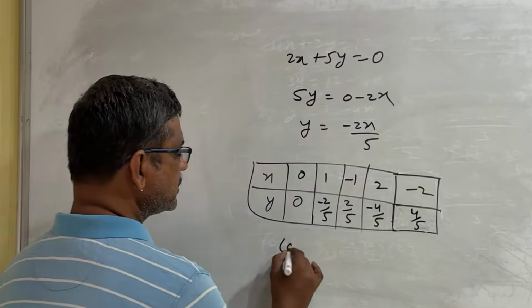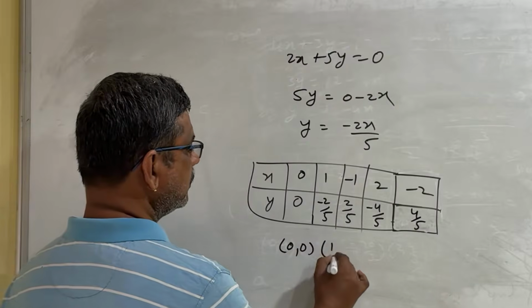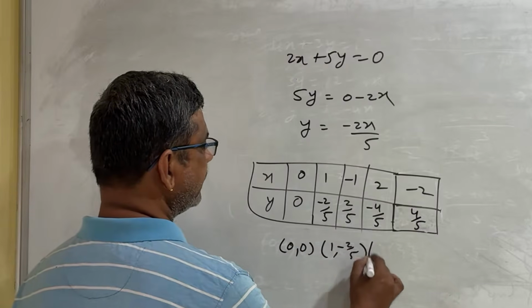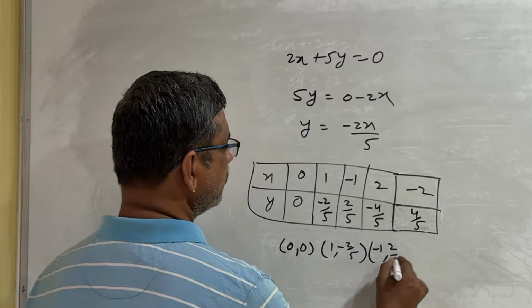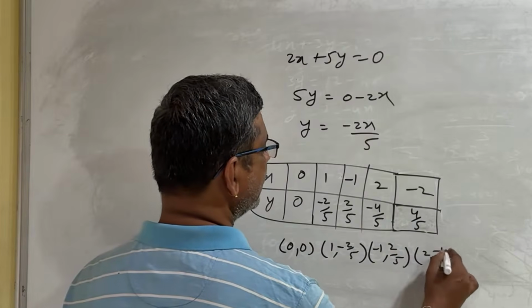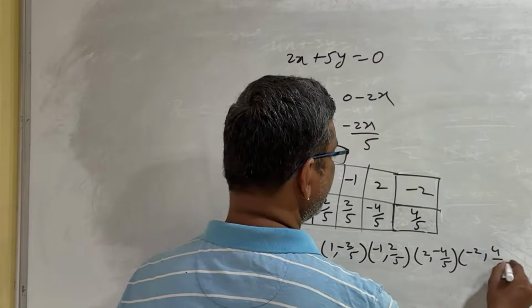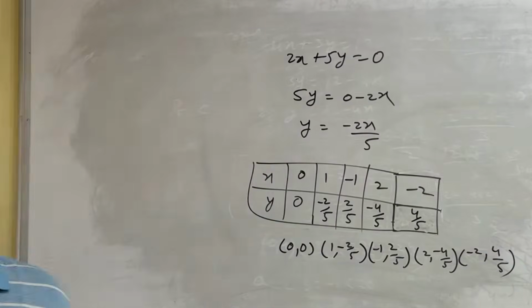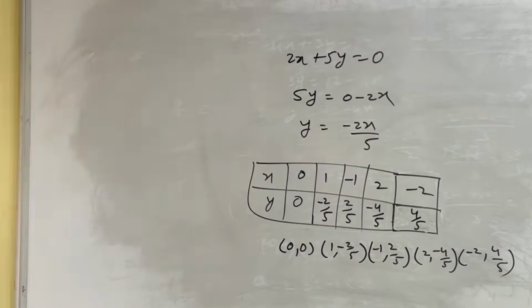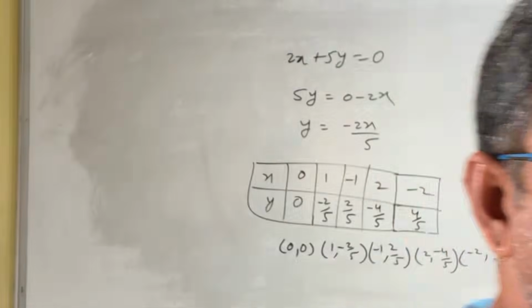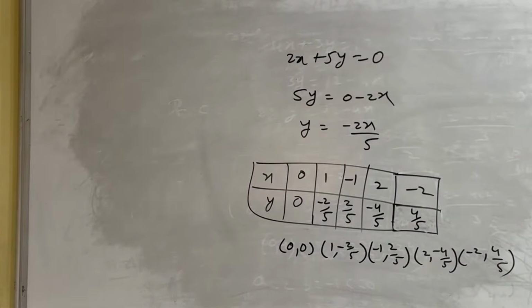Now what are the solutions? 0 comma 0, 1 comma negative 2 by 5, negative 1 comma 2 by 5, 2 comma negative 4 by 5, negative 2 comma 4 by 5. As I told you, we can find an infinite number of solutions for any linear equation in two variables.